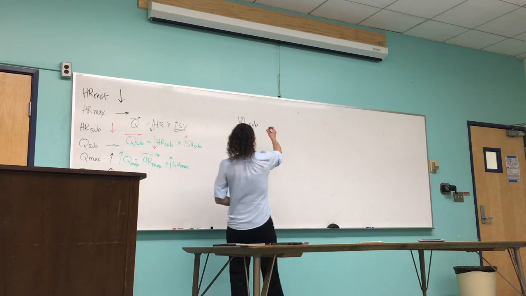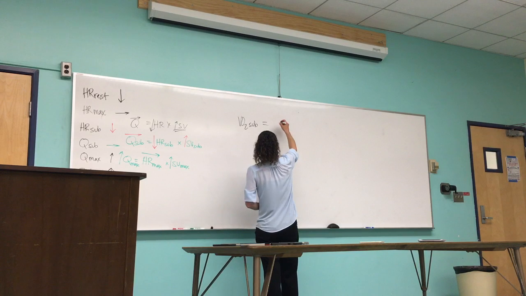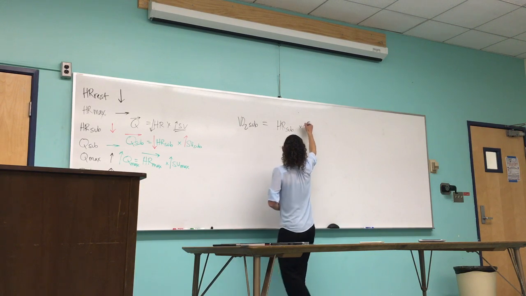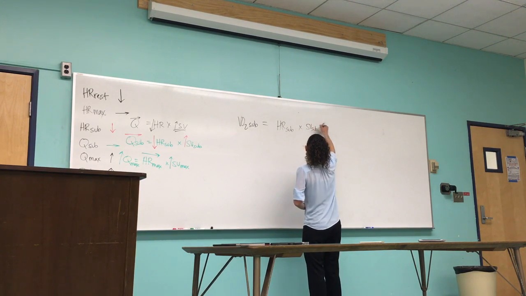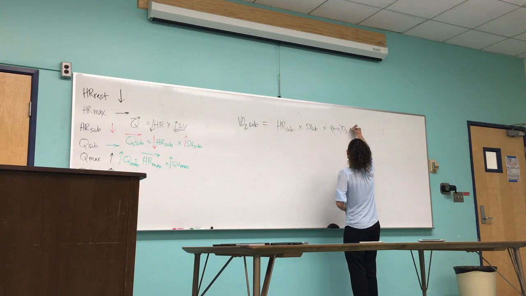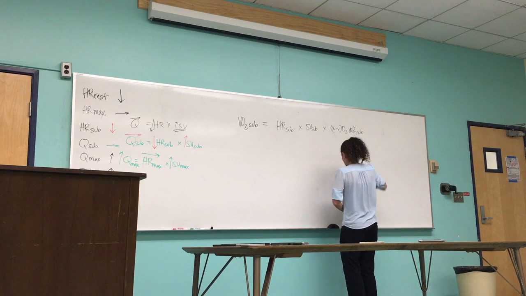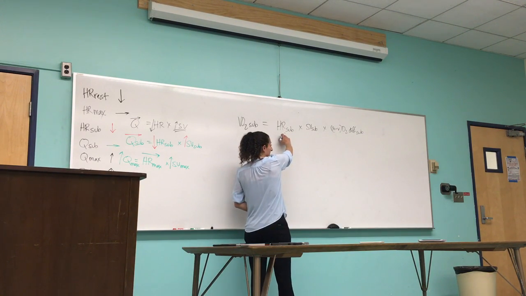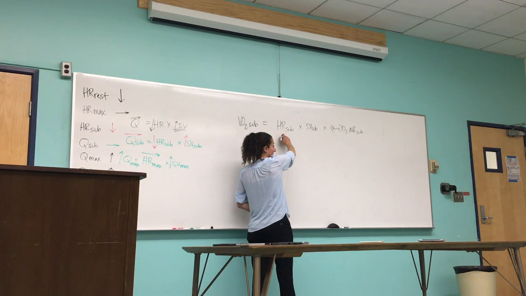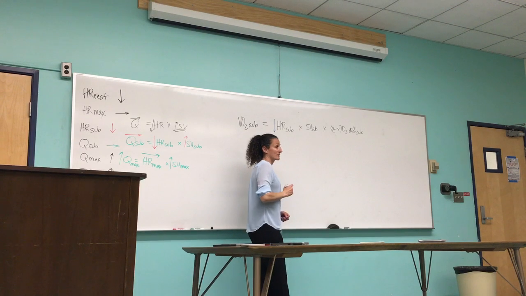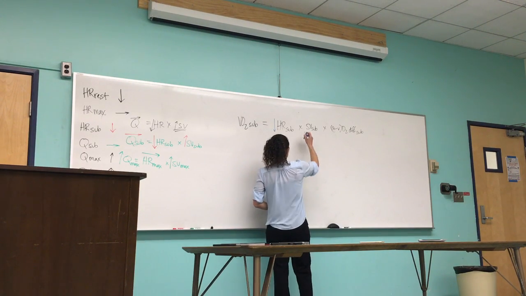Okay, another way to look at that, what does VO2 submax depend on? Heart rate submax. What's happening to heart rate submax, trained person versus untrained? It was lower. The trained person has a lower heart rate. What about stroke volume?